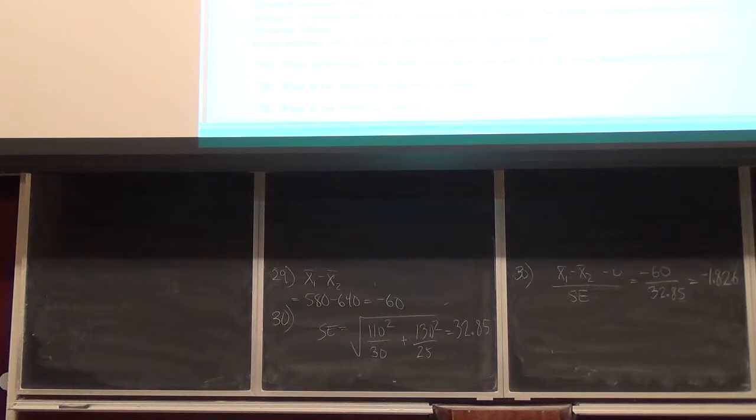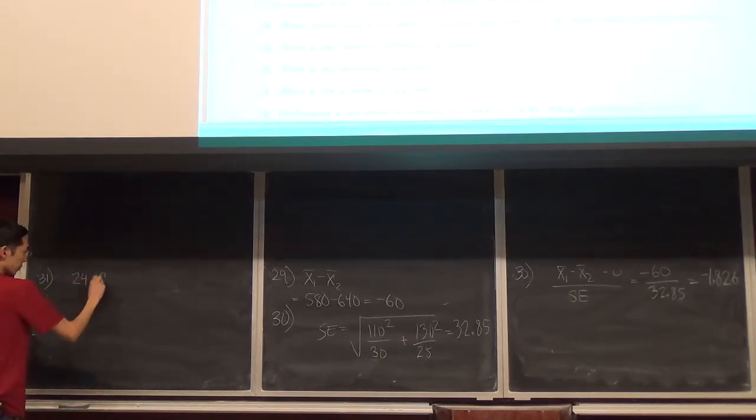Going on, what is the p-value? Okay, how many degrees of freedom would I use? N minus 1, but I use the smaller group, 24. So I have 24 degrees of freedom.